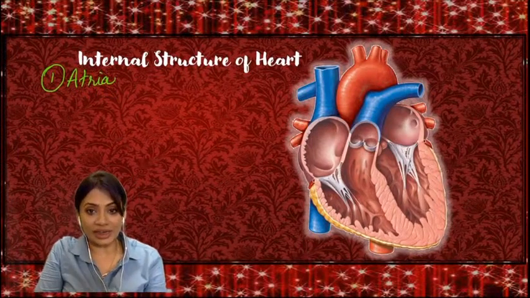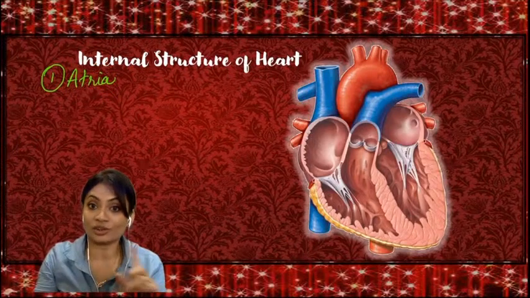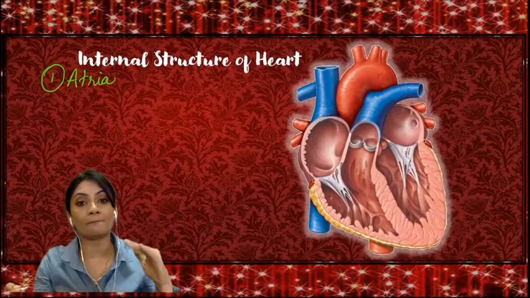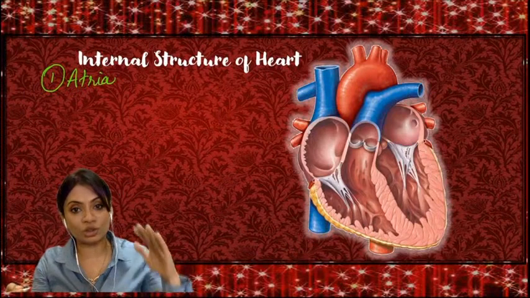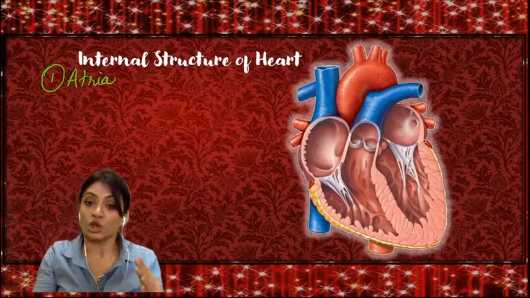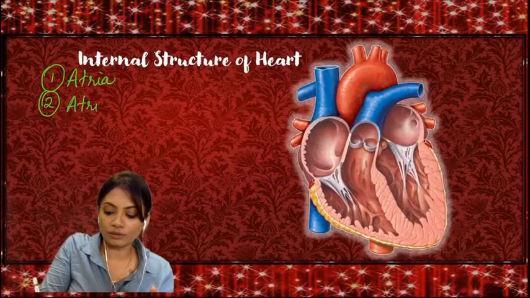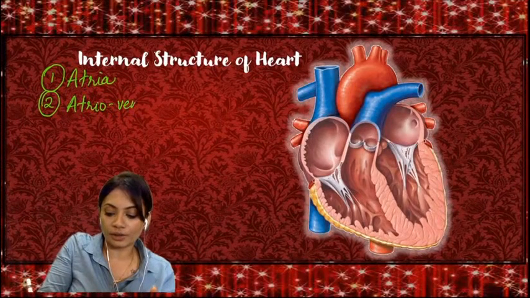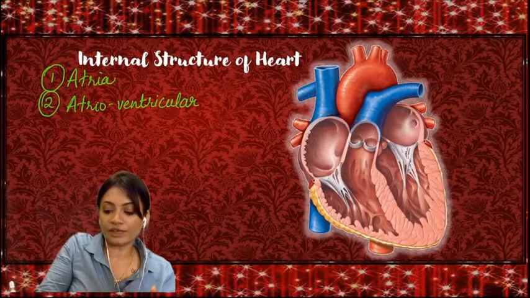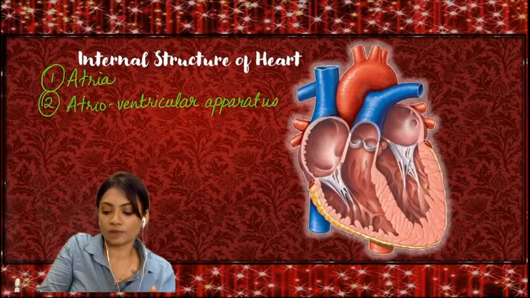Now, after the atria, the second thing is not the ventricles. In fact, it is an apparatus which is present between atria and ventricles. So, that apparatus can be called the atrioventricular apparatus.